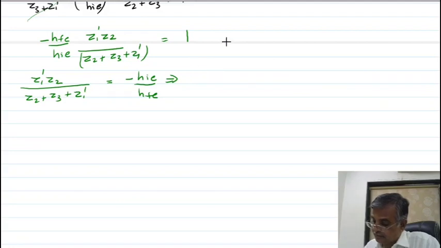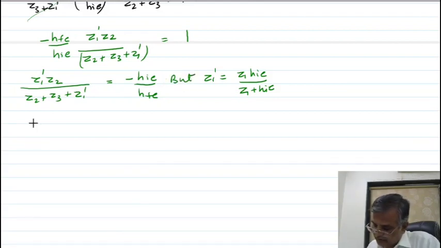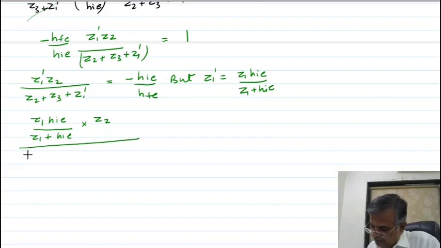What is Z1 dash? Z1 dash is equal to Z1 hie upon Z1 plus hie. Okay, so I can write Z1 into hie upon Z1 plus hie into Z2 upon Z2 plus Z3 plus Z1 hie upon Z1 plus hie is equal to minus hie upon hfe.